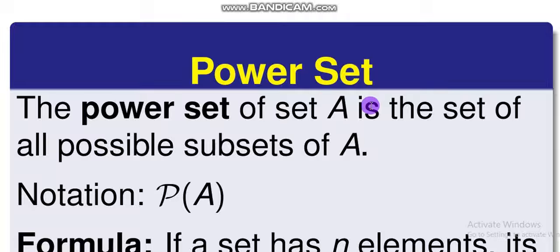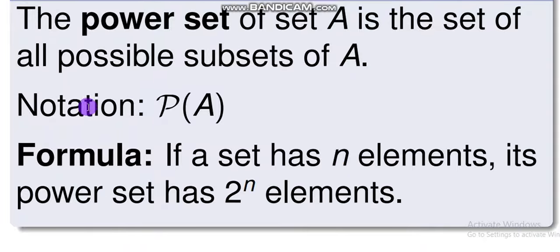The power set of set A is the set of all possible subsets of A, and this is how it is denoted in notation. It is read as the power set of A. And there is a formula for getting the number of elements in your power set.